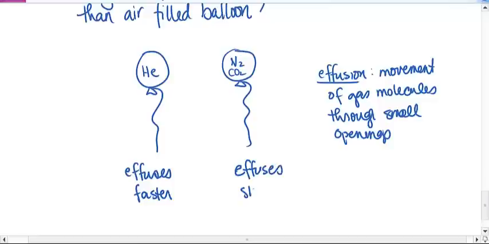So this one effuses slower. Because in a balloon, if you shrink yourself inside, there would be little tiny openings that the helium atoms eventually make their way out of. And same thing in the air balloon, little tiny openings that the nitrogen molecules can manage to get through as time passes. Well, its ability to get through an opening is totally about its molar mass.